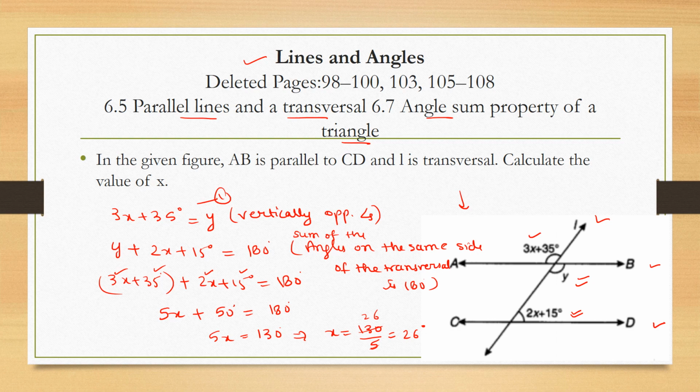So x is 26 degrees. So what would be y? If you again substitute the value of x here, 3 into 26 plus 35: 3 6s are 18, 3 2s are 6, 7 plus 35 is 113. 113 degrees is y and this is x. Got it? Let's move on to the next thing.